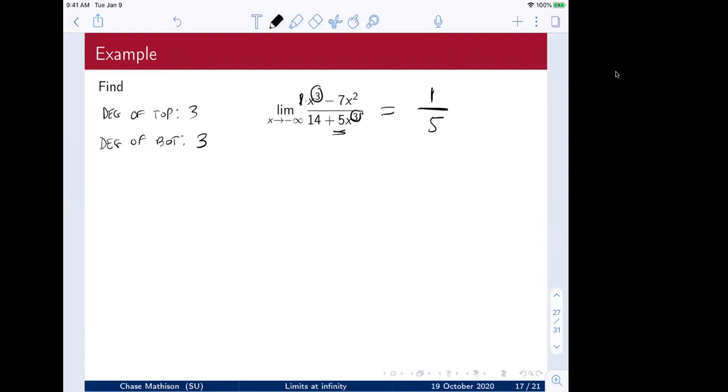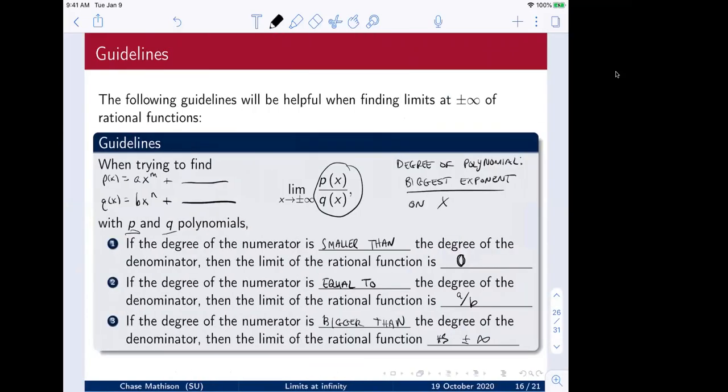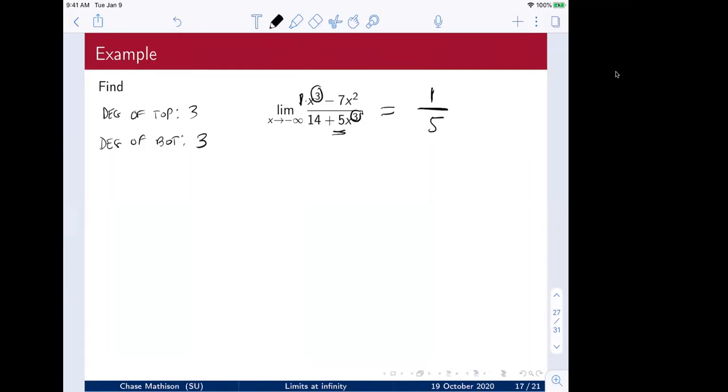And the way we can actually prove that, instead of just trusting that I'm giving you the right information, you can actually prove this by doing exactly what we did before, only instead of dividing by x, you could divide the top and bottom by x cubed.